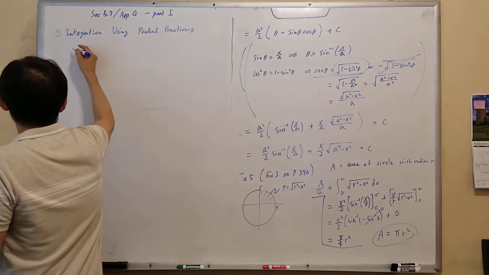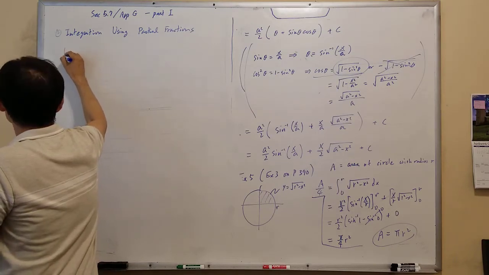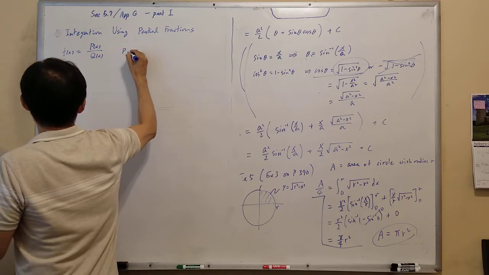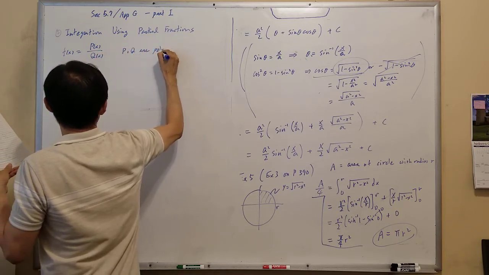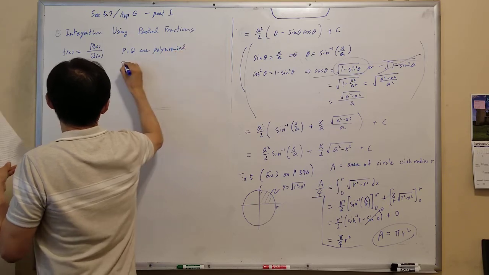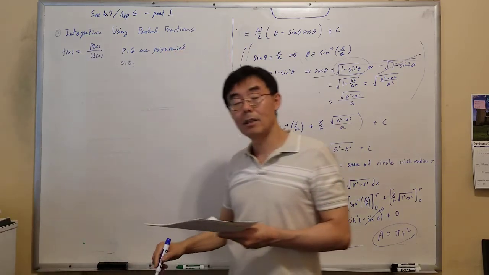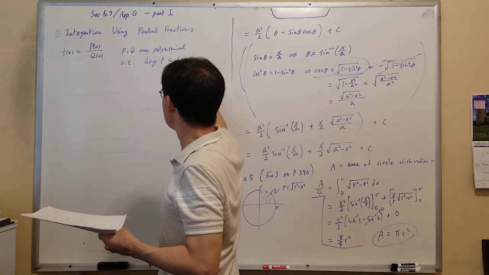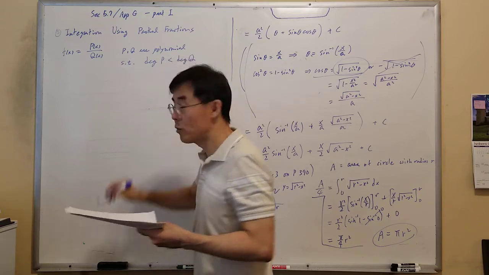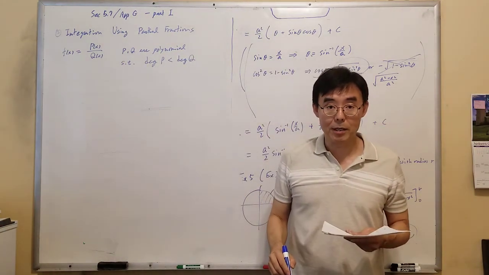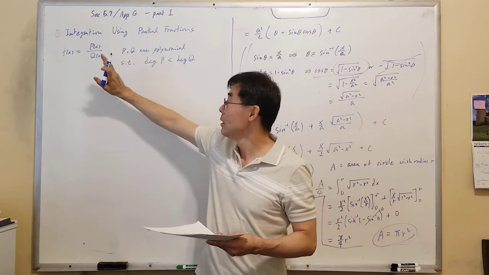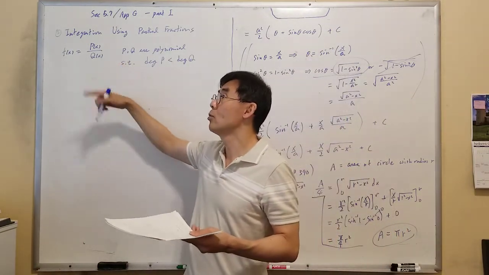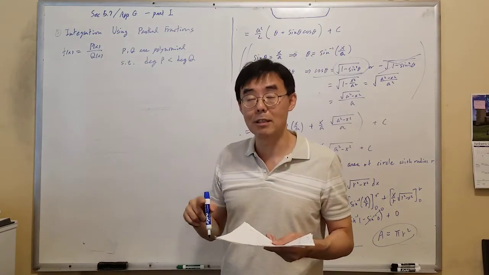Now, we are considering, let's say, your function f of x is p of x over q of x, where p and q are polynomials such that the degree of p is less than the degree of q. Your numerator has a smaller degree than the denominator. So this is a rational function. Polynomial over polynomial is a rational function, whose numerator has a smaller degree than the denominator's degree.